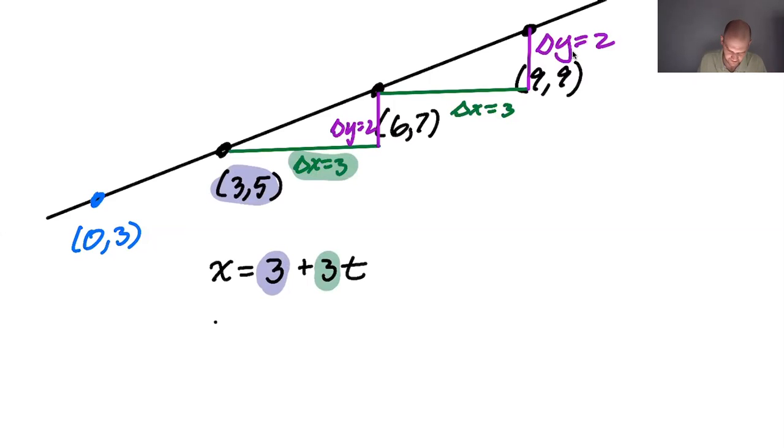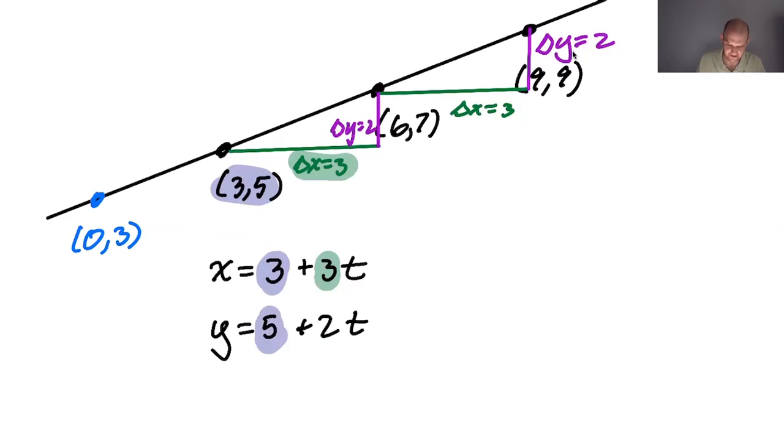What would I do for y? Well, y would be 5, because it starts there. And then what's y changing by? Y is changing by 2t, right?